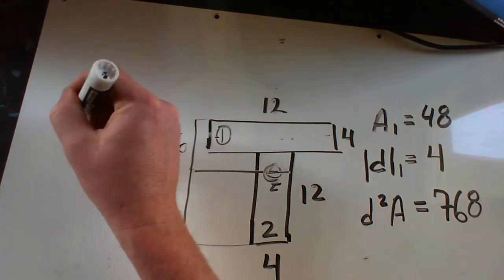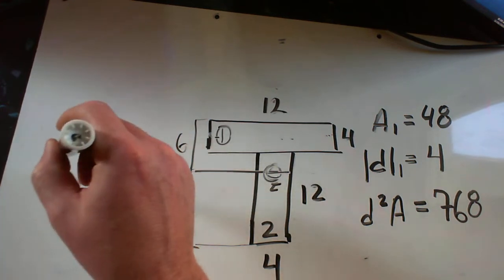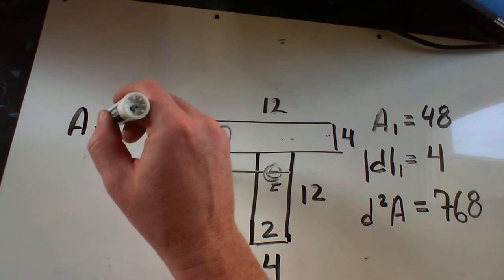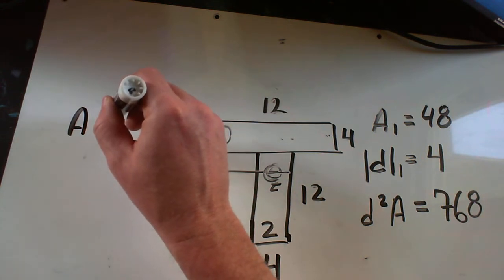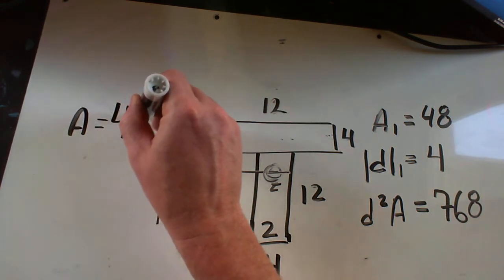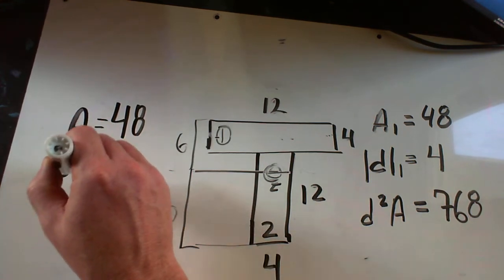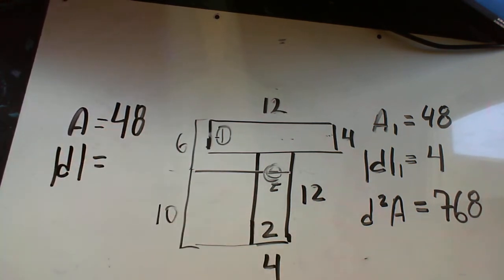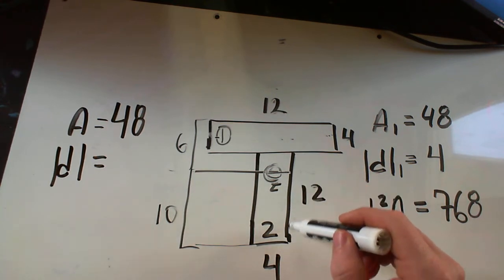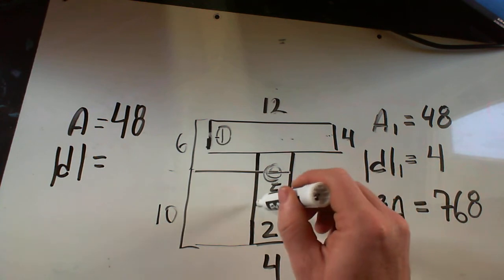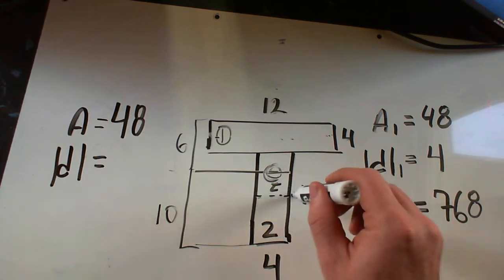So the area for shape 2 is still 48. The distance for shape 2, so shape 2's centroid, if it's 12 up and down, it's going to be at 6.